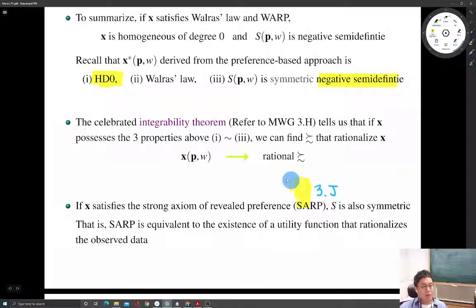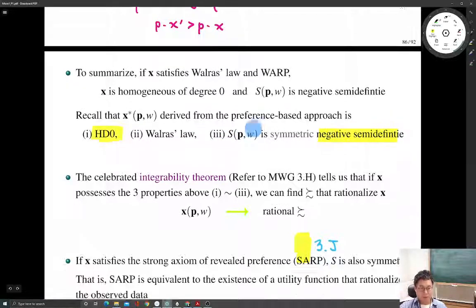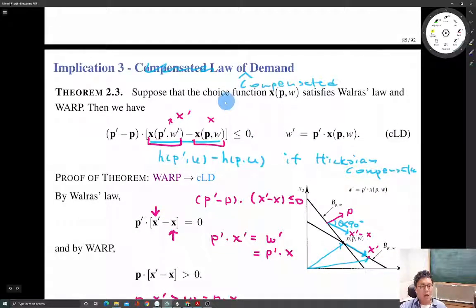But the main takeaway about WARP is that with just a very mild condition on the choice function, we can recover two major properties of Walrasian demand. We can recover homogeneity of degree 0 and negative semi-definiteness of the Slutsky matrix. Furthermore, we can show the law of compensated demand.